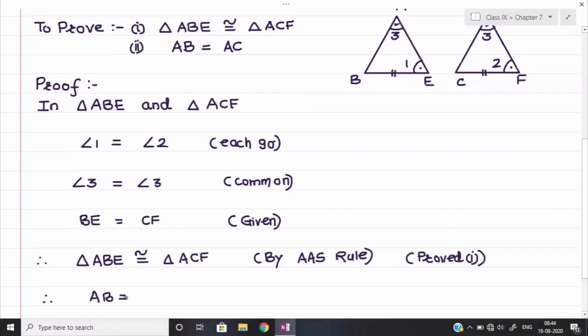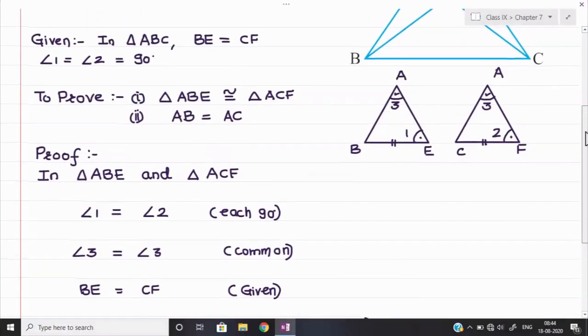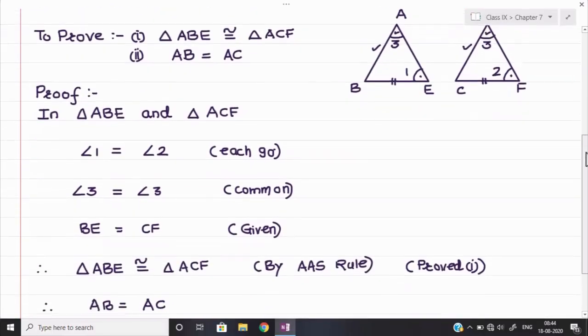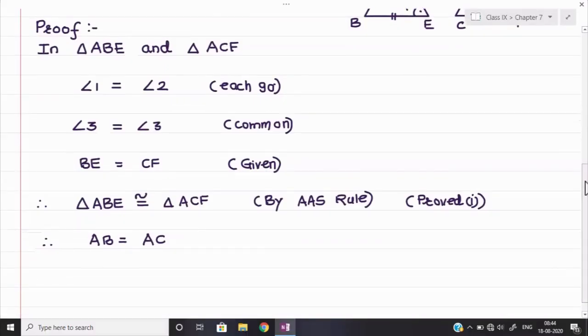Look at the two triangles. AB and AC are the remaining corresponding parts. Look at these two triangles which I have considered. So here you observe, this is my side AB and this is my side AC. So AB and AC are one of the remaining corresponding parts, and since the triangles are congruent, they will also be equal.